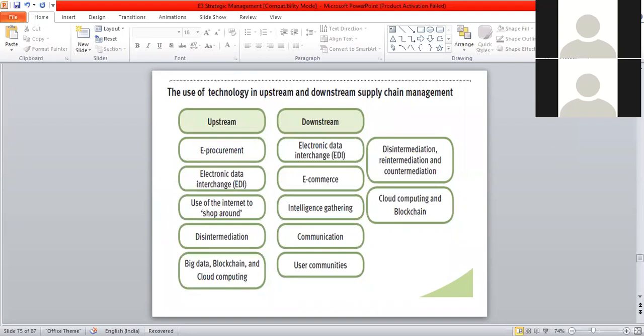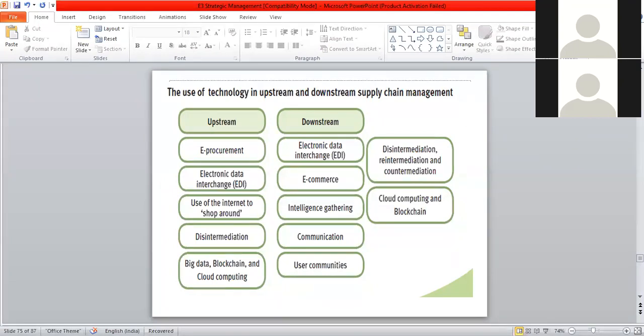So if you have not learned about it, it is about the data interchange, the data which is needed by the suppliers, the data which is needed by the customer.